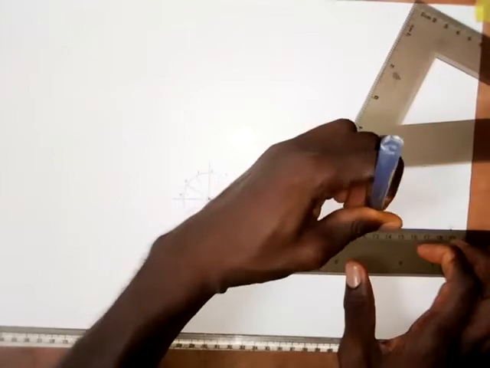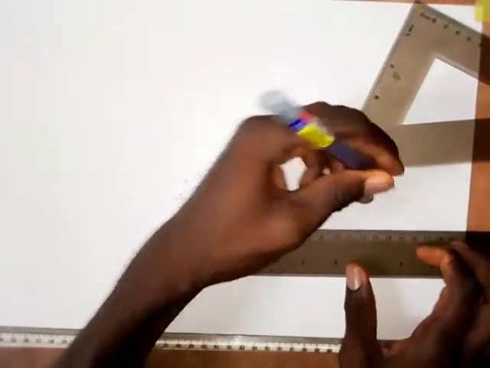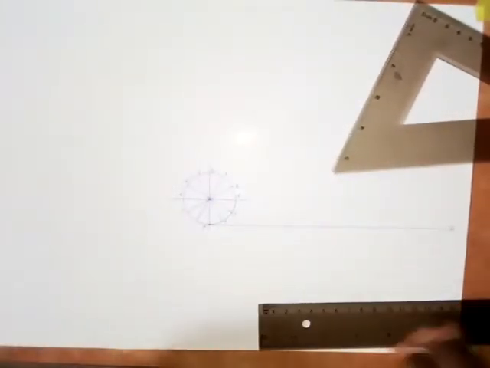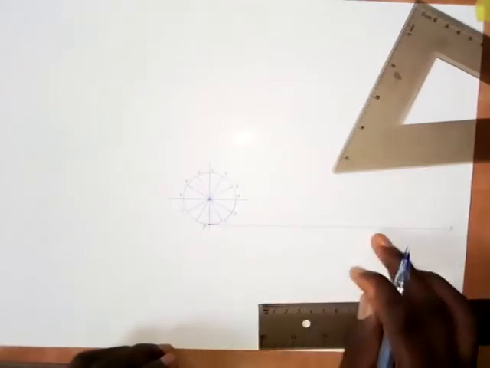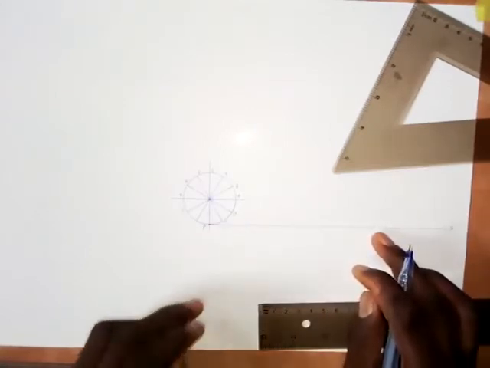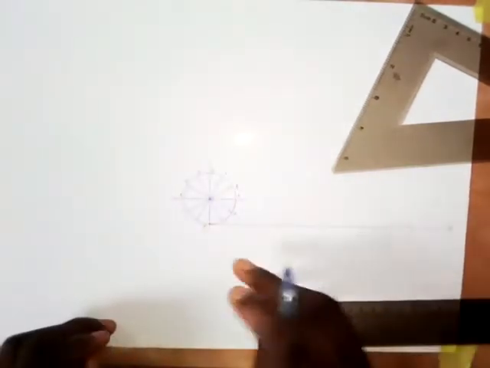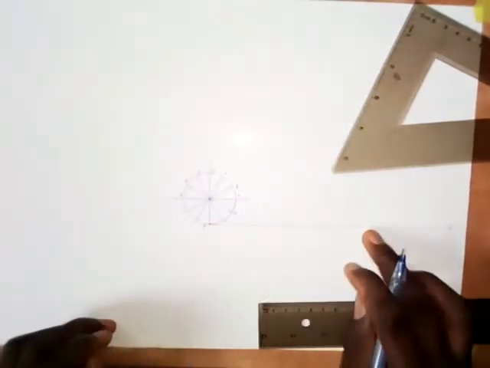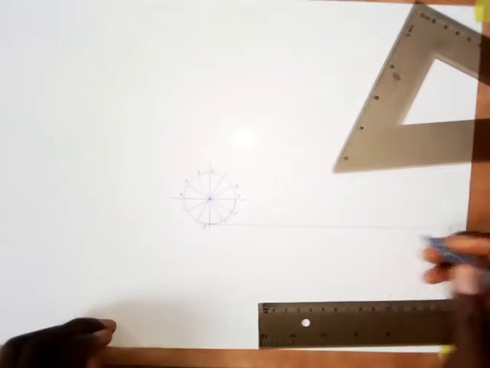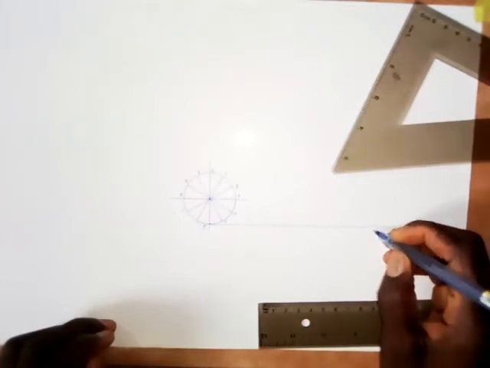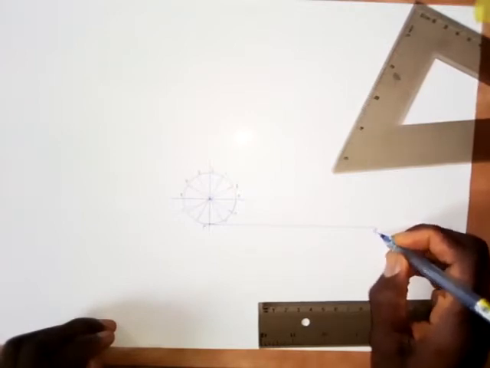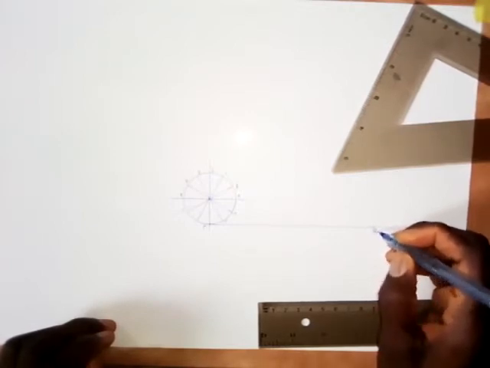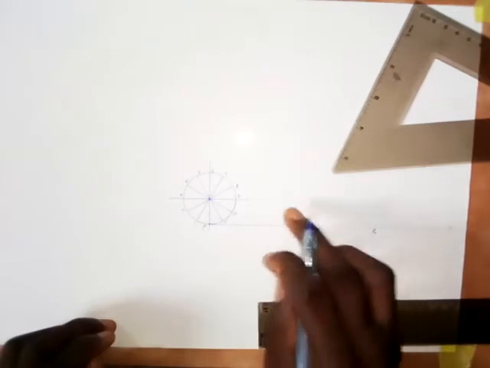Okay, so the next thing that you need to do is divide this line, from this point to here, into 12 equal parts, as we have divided the circle into 12 equal parts. This is the circumference of the circle, so let me call this point R. This line PR, which is equal to the circumference of this circle, we divide into 12 equal parts.